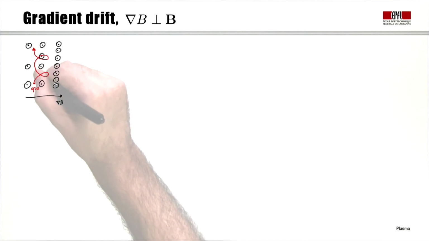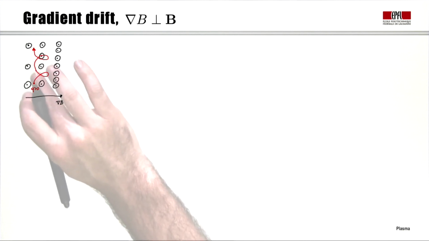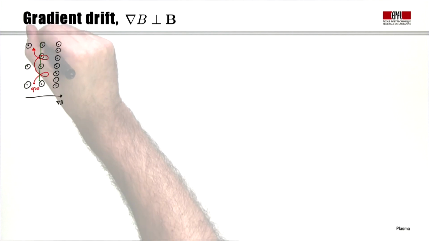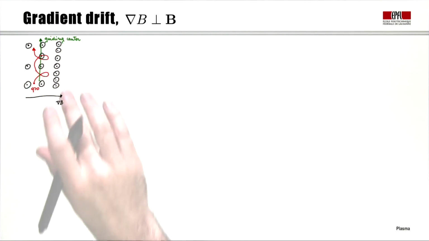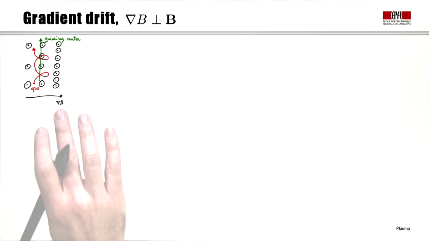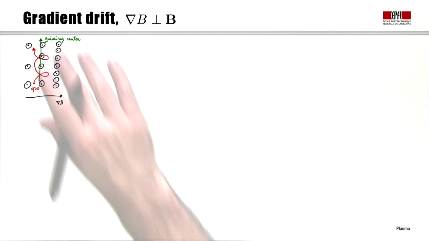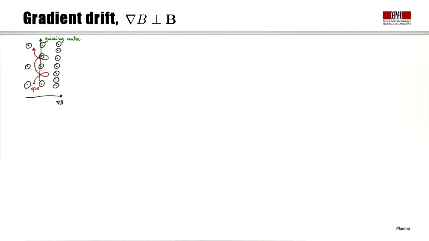In practice, what we will have also in this case is a motion of a particle that is rather complicated, but with the guiding center that moves upwards in the direction that is perpendicular to both grad B and B. Okay, let's try to study this analytically.